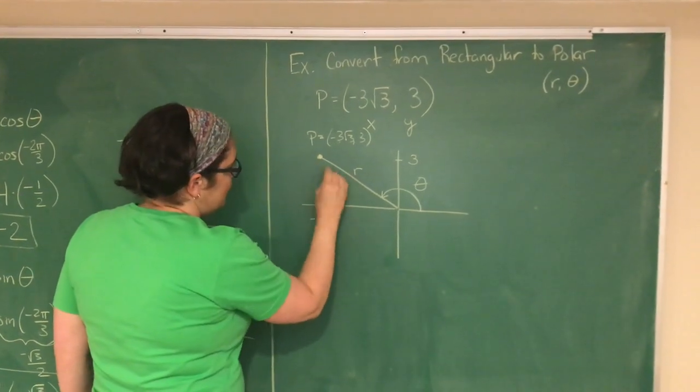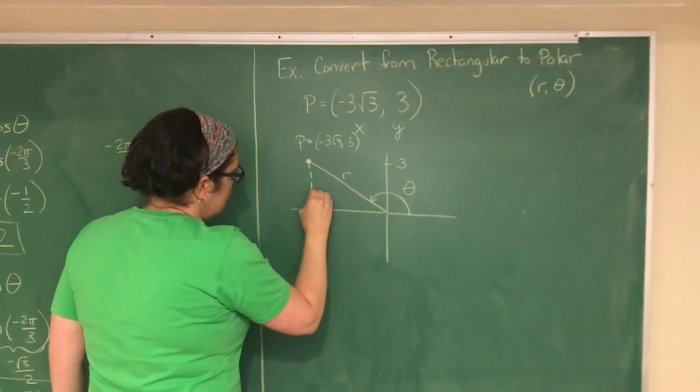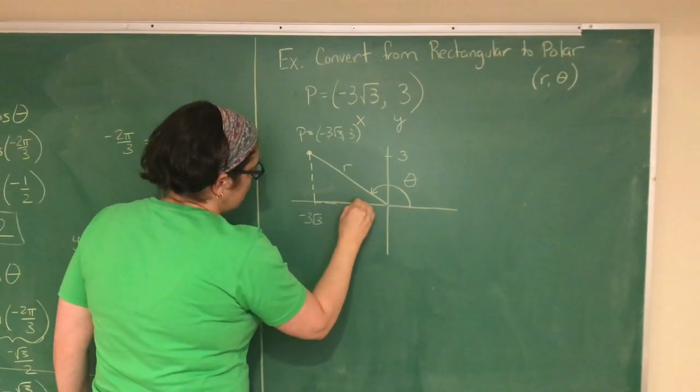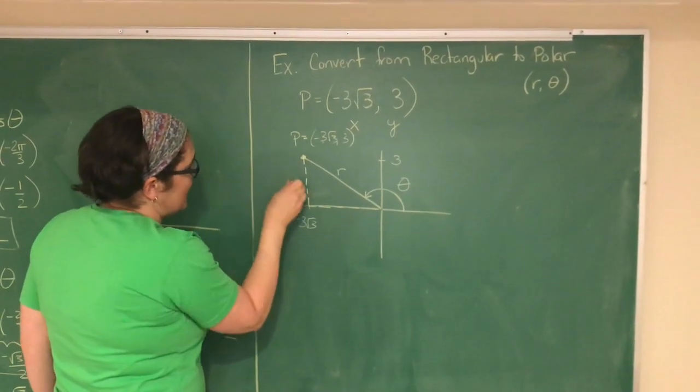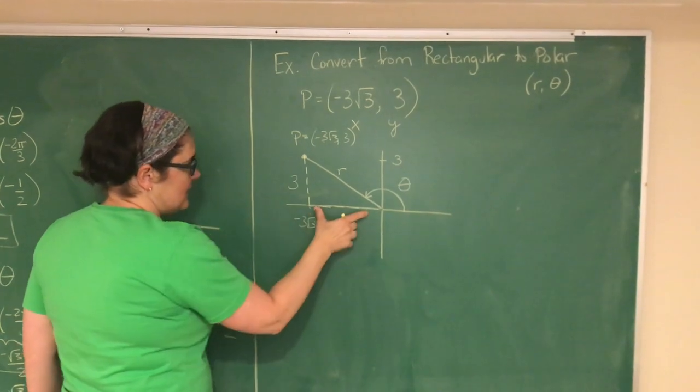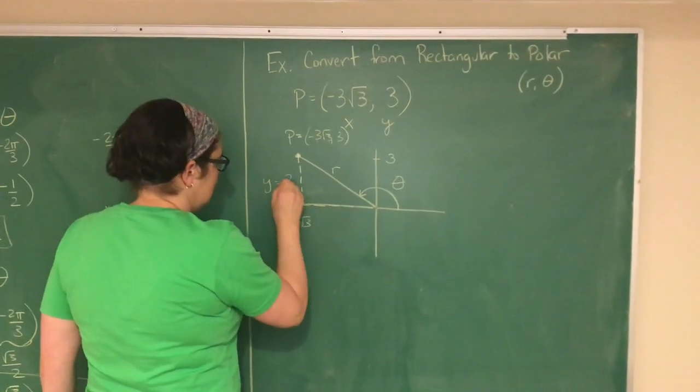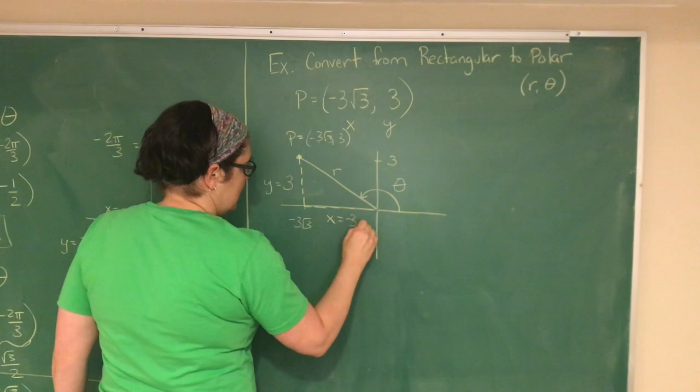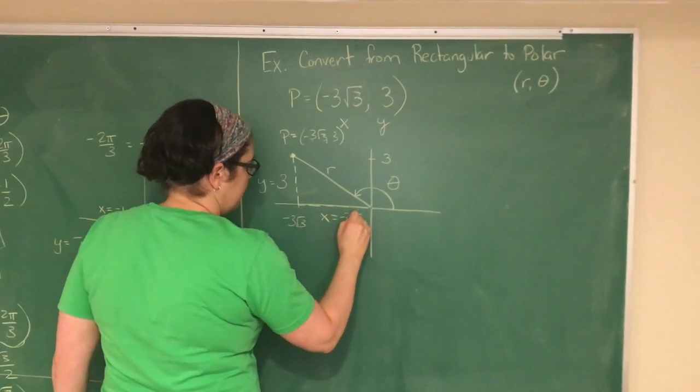Now that I have this drawing, I can also put a few more marks on here. This y side is a length of 3. This x side is our negative 3 times the square root of 3. Okay.